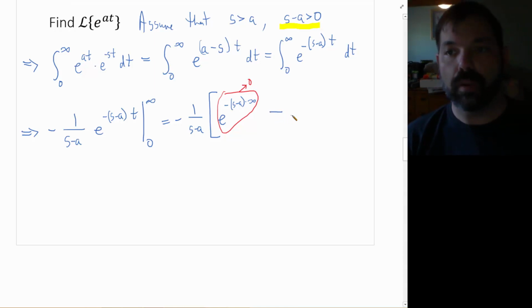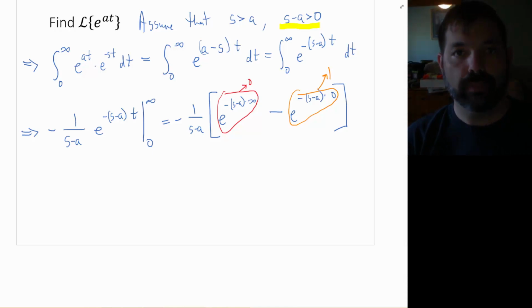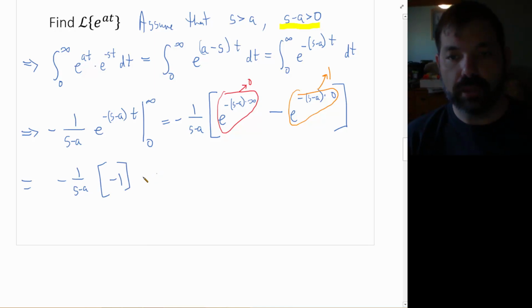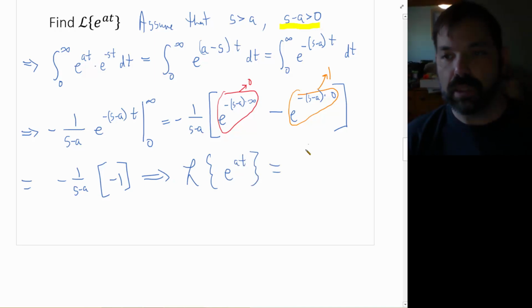Minus, substituting 0, e to the negative (s minus a) times 0. That's e to the 0, so this term is going to go to 1. So I now have negative 1 over s minus a times negative 1, and so this tells me that the Laplace transform of e to the at is equal to 1 over s minus a.